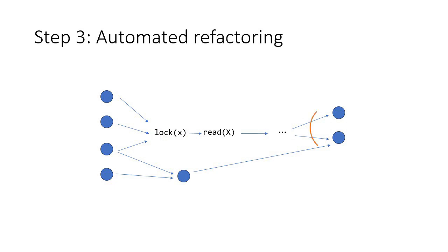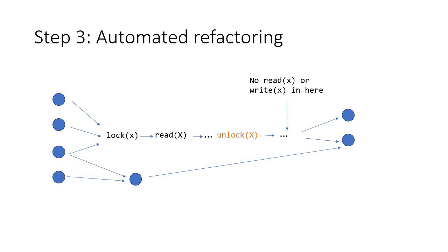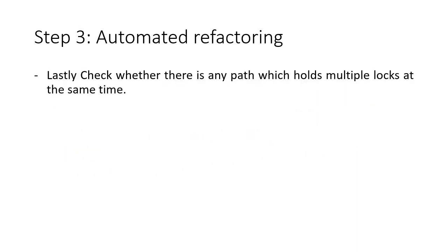To do so, a backward breadth first search, starting from the end nodes of the execution graph, finds the nearest node to the lock instruction, such that the protected variable is not read or written in the following nodes. Lastly, they examine the lock ordering of every execution possible to check whether there is any path which holds multiple locks at the same time, and the locks are not locked in the order predetermined.